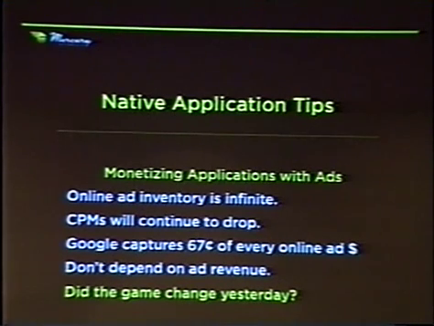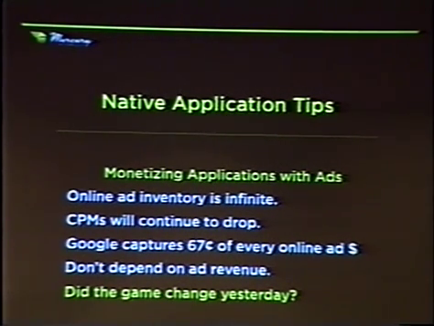Now, the important one, monetizing applications. It is a fact that online ad inventory is infinite. And what happens when ad inventory is infinite? Prices drop. CPMs are dropping. They will continue to drop in online advertising.